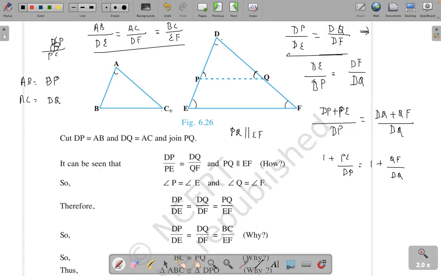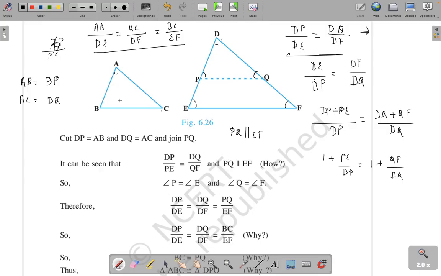So we can use the isosceles triangle property. See, AB is equal to DP, but AB is not equal to AC, so this is not an isosceles triangle. Look at what is given.